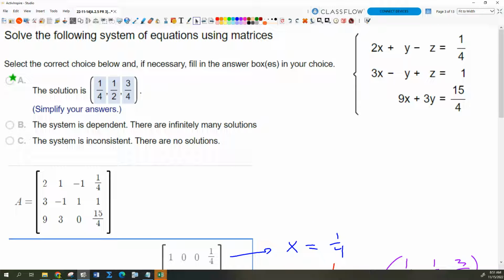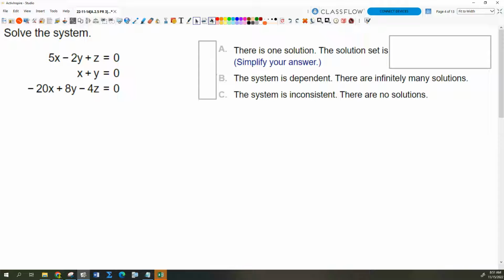So there's one example. Let's try another one. Why don't you guys try this one real quick. Put this into your matrix calculator. I'll do the same, and we'll just compare answers, and then we'll interpret.